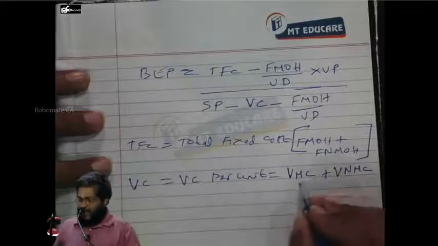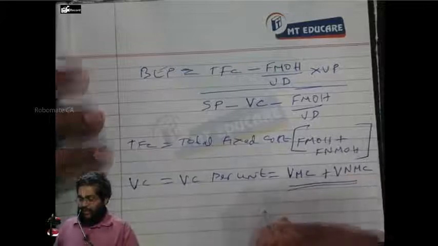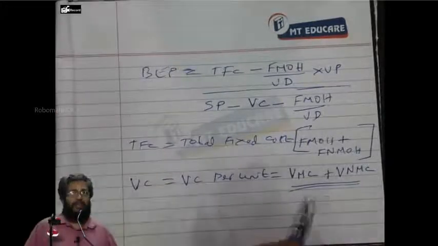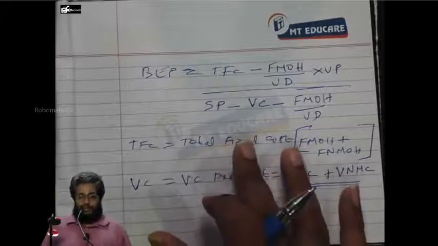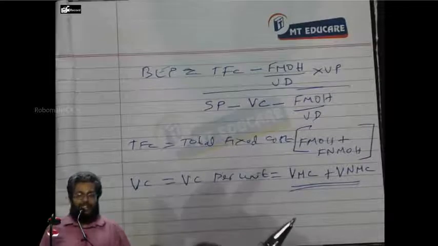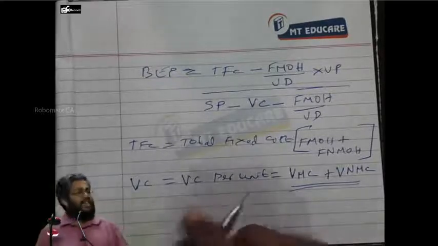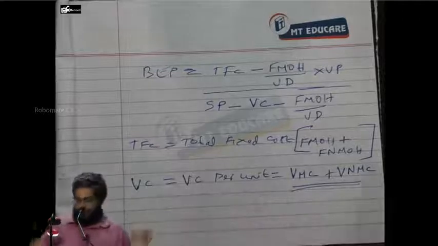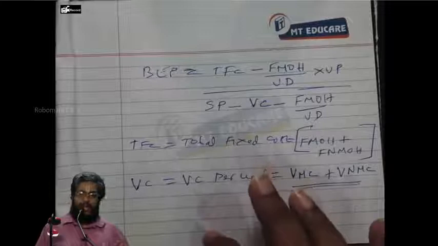It is possible or not? So variable manufacturing cost plus variable non-manufacturing cost gives you the VC, variable cost per unit. SP means selling price. FMOH means fixed manufacturing overheads. FNMOH means fixed non-manufacturing overheads. All are self-evident. Now, this is the formula for calculating the break-even point.